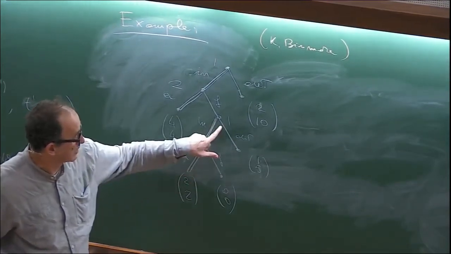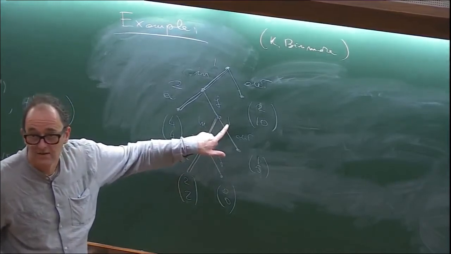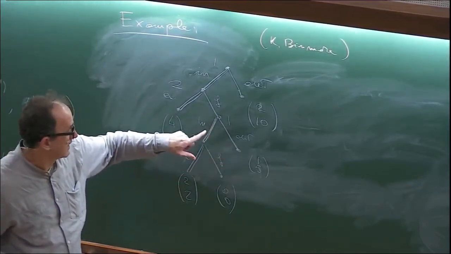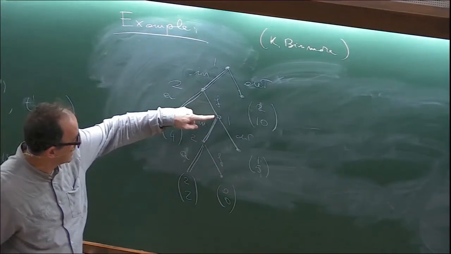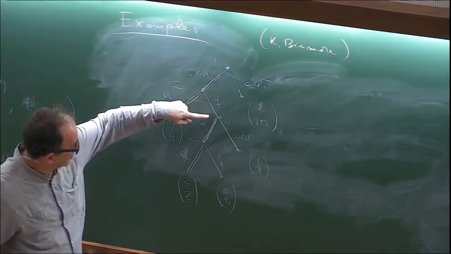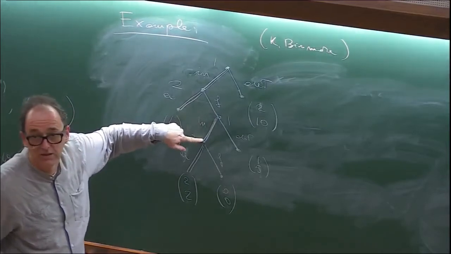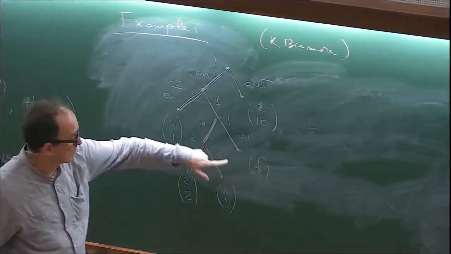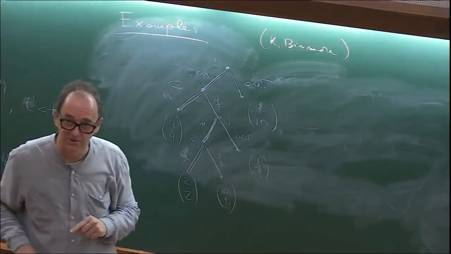Yes, but this depends on what 1 decides. Okay? And if you do backward induction, at this point, player 1 should choose to go this way. Okay, not this way. But this is exactly the point.